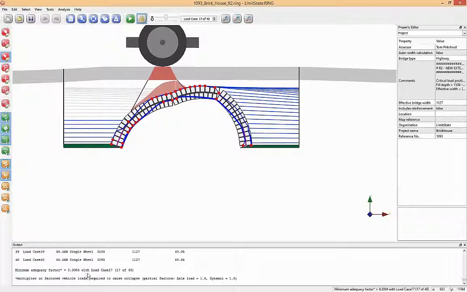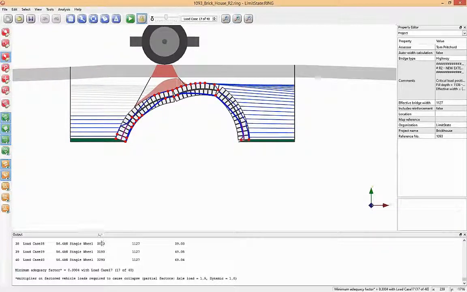And what it's telling me is actually that my adequacy factor is 0.3, which is not good. In this case I've got a 56.4 kilonewton single wheel load on the structure, and a correspondingly low effective width. But the capacity is relatively low because of the presence of the ring separation.